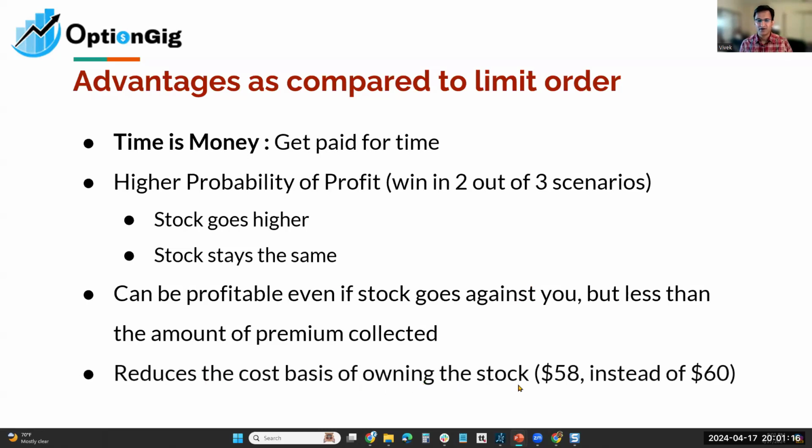Instead of your cost basis being 60, your cost basis is 58. I would want to have a cost basis of 0 so that it's free and clear for me. It's like playing with the house money, not my money. And there are ways to do it. It takes some time. I have a few stocks in my portfolio where the cost basis is negative.